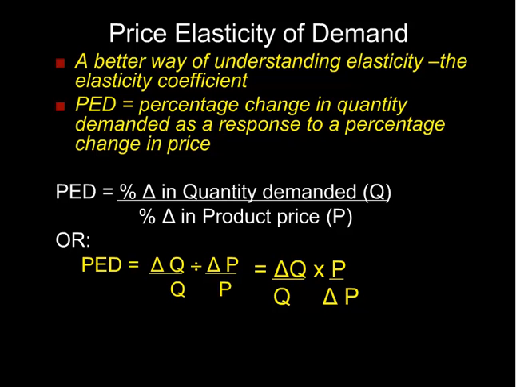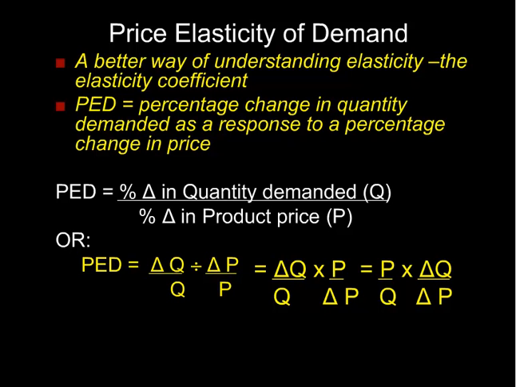So now we've got the change in Q over Q times P over delta P. So the P over Q is multiplied by the change in Q over the change in P. Change in and delta are the same terms here. So we're measuring what's called a point elasticity.